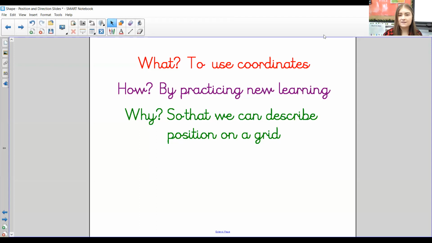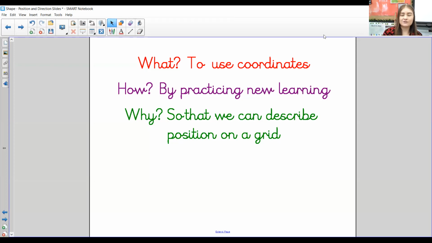Okay, so this is something you might want to make a note of underneath your rewind. It's something I would probably put on the working wall. It is the definition of coordinates. So coordinates are, in maths, we'll be looking at two numbers. Sometimes they can be a letter and a number in, for example, geography, when we're looking at map reading.